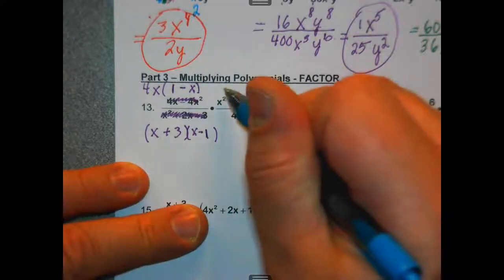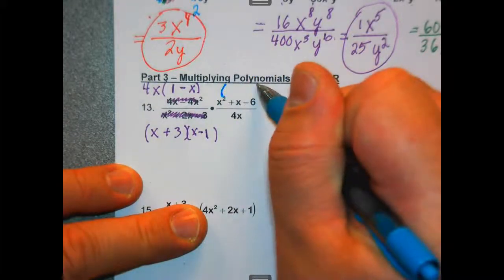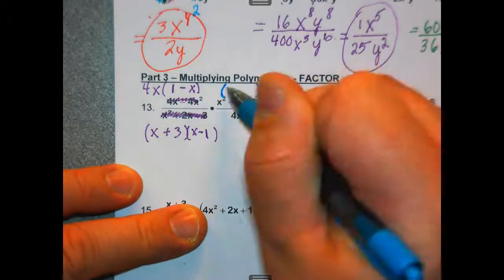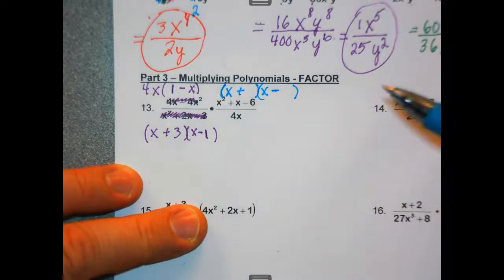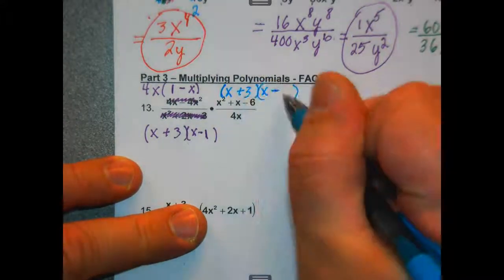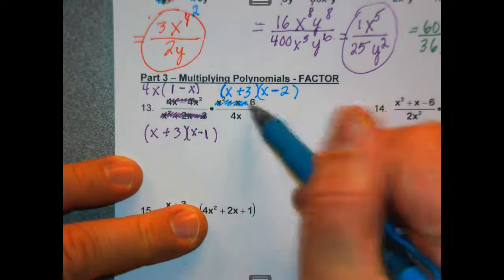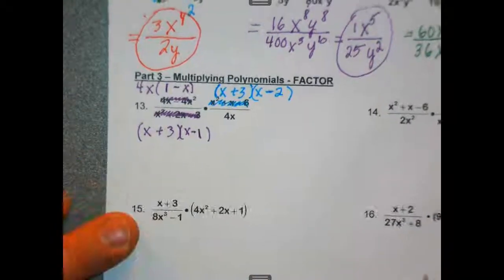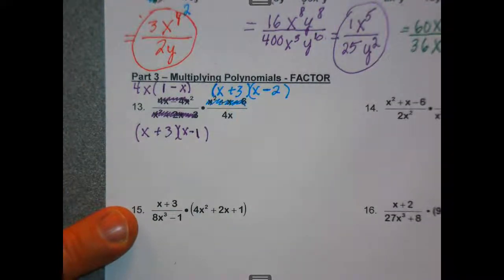Okay, what about the top of the second one? 2 and 3, 3 has to be positive, right? There's nothing we can do with that. Okay, now we have to cancel out before we multiply.